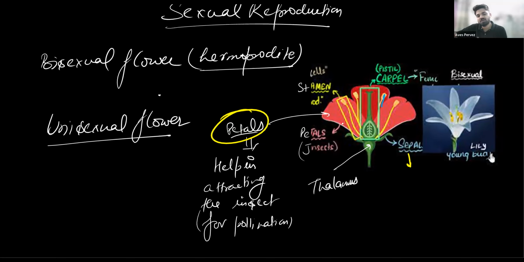So in a bisexual flower, both male and female reproductive organs are present on the same flower. The pollen grain of this anther is scattered and reaches the stigma of the same flower. This type of pollination is called self-pollination.